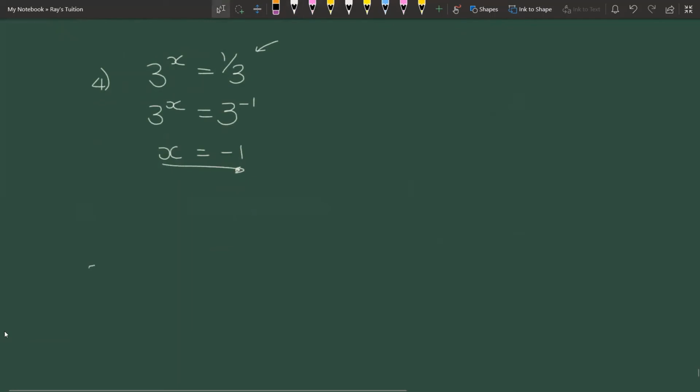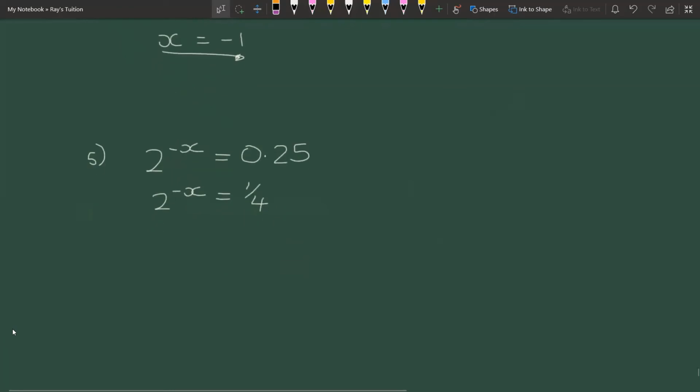For the last one, we have 2 to the power of minus x is equal to 0.25. Again, we would first like to get the bases to be the same. So 0.25, if I write it as a fraction, is a quarter. And then the quarter I can write as 1/2 squared, because 4 is a factor.